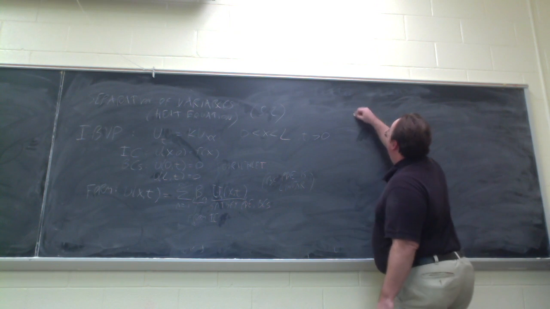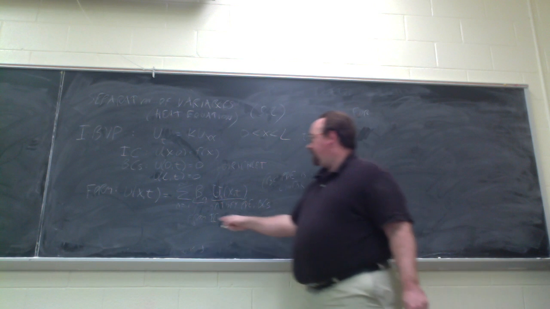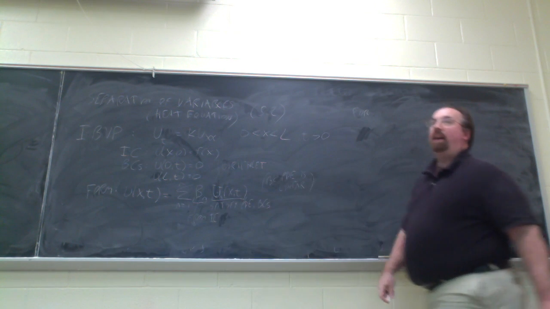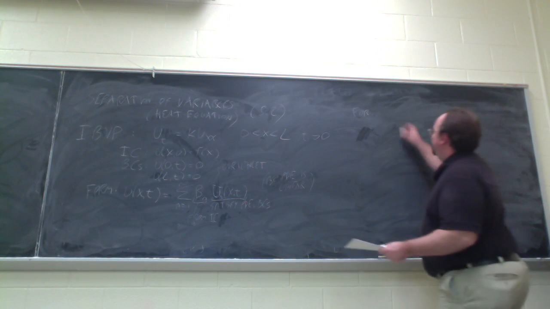Okay. So now what we're going to do is assume, notice I have n, little n, going from 1 to infinity. Depending on the kind of PDE, it may go from 0 to infinity. It's just a notational convenience, but for this problem, 1 to infinity makes the most sense.